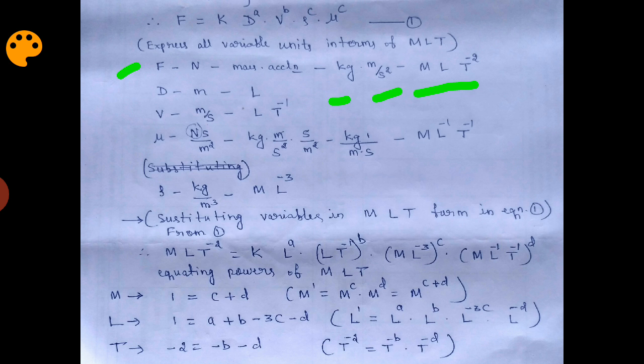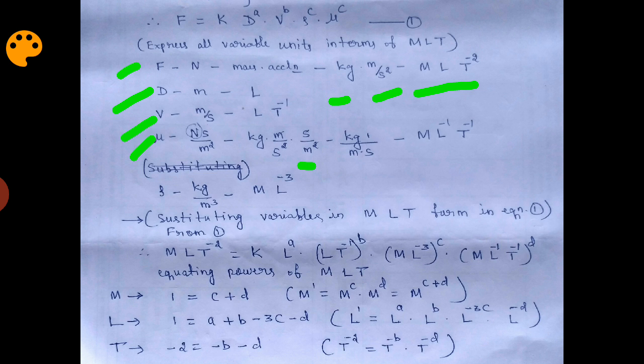minus 2. Then we have diameter, the unit is meter, in the form of MLT it is just L. Then we have velocity, its SI unit is meter per second, in MLT form it will be L T raised to minus 1. Then we have viscosity mu, the unit is Newton second per meter square. Keep second per meter square as it is.